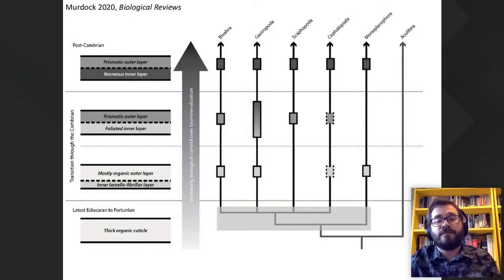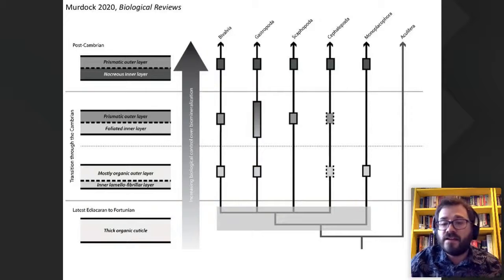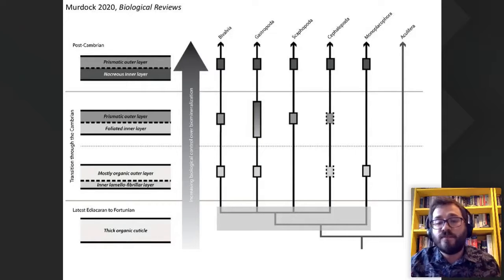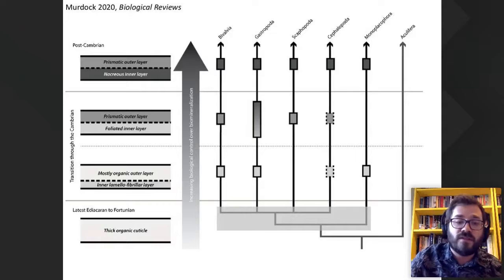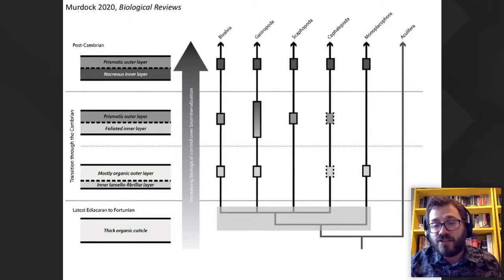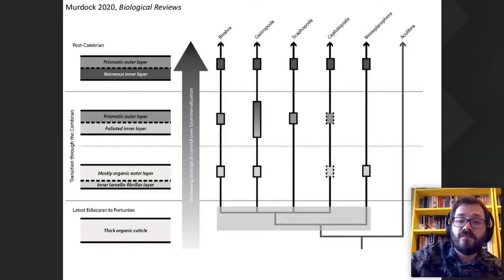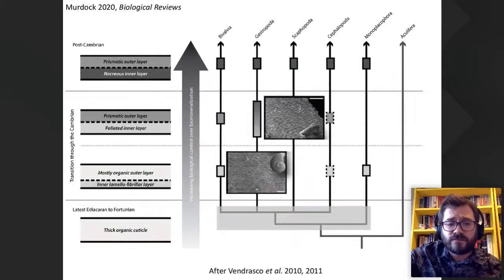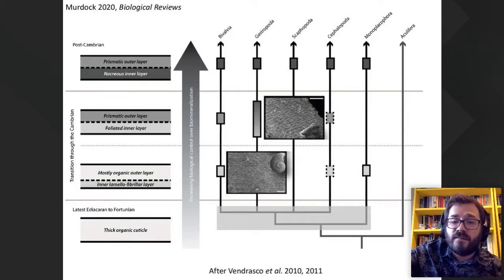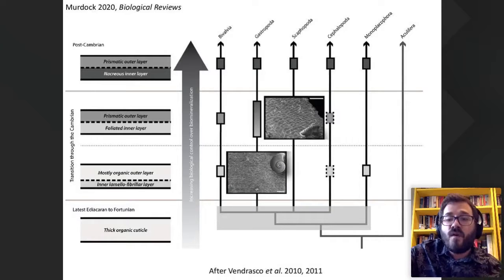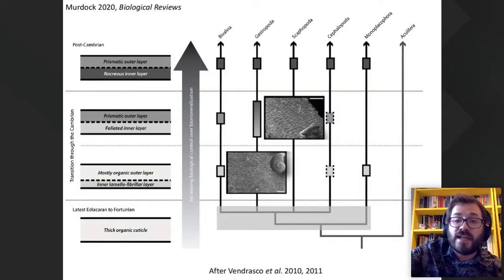So the inner layer is built in a very simple fashion using the so-called lamellofibrillar structure, so that's sheets of fibers of minerals. And then later on, independently, these different mollusk groups develop more complex microstructures in their shell, a so-called prismatic outer layer, and then eventually mother of pearl or nacre.